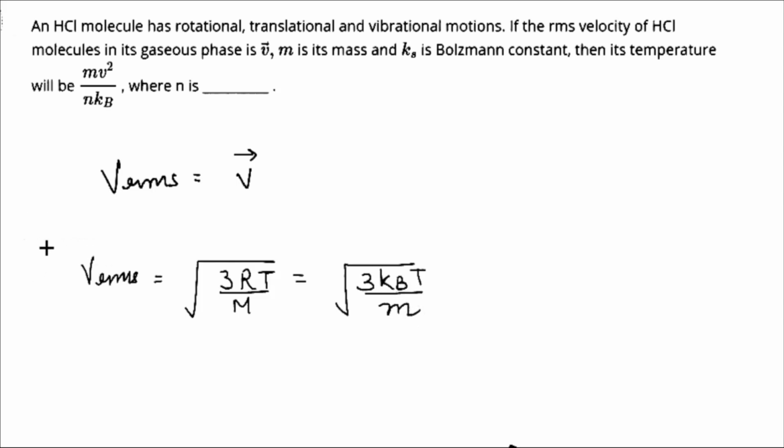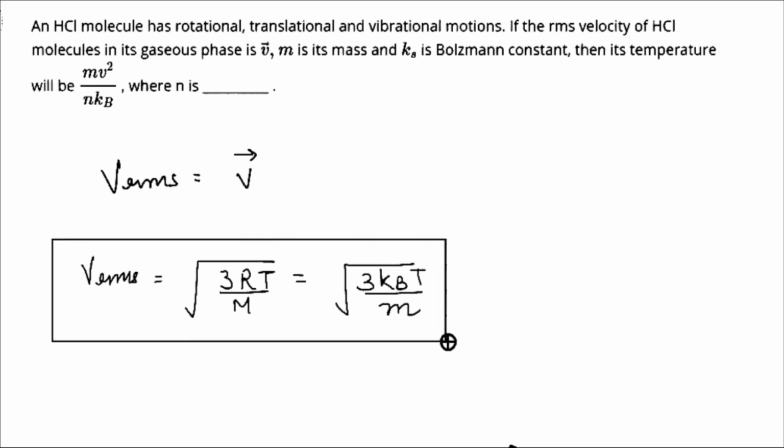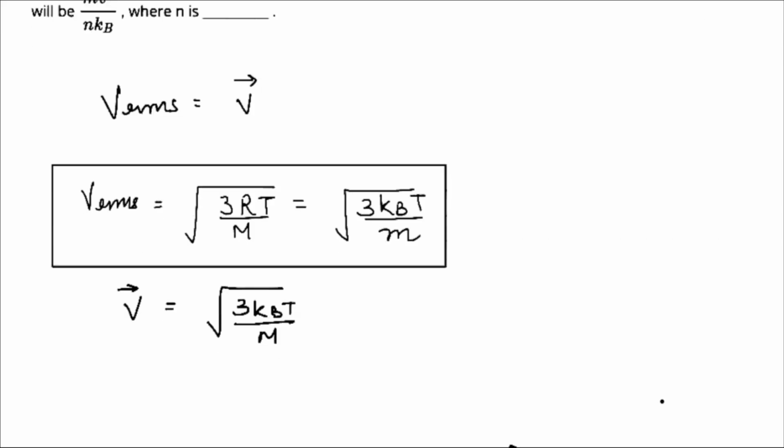So this is the relation of Vrms. Now if we solve this further, then V bar is equal to root of 3 Kb T by m, where Kb is the Boltzmann constant and T is the absolute temperature.